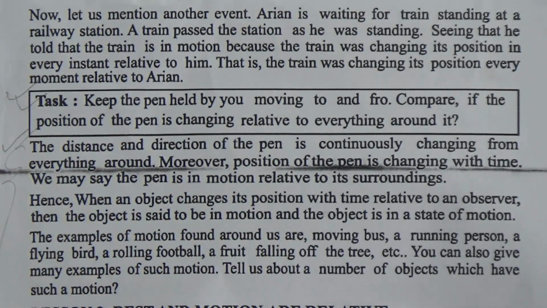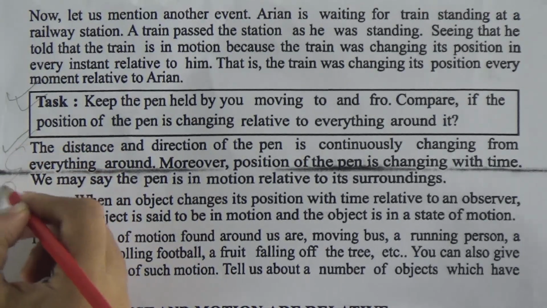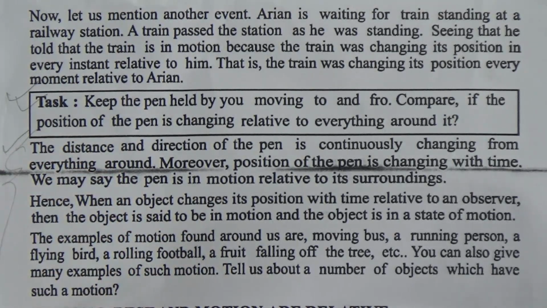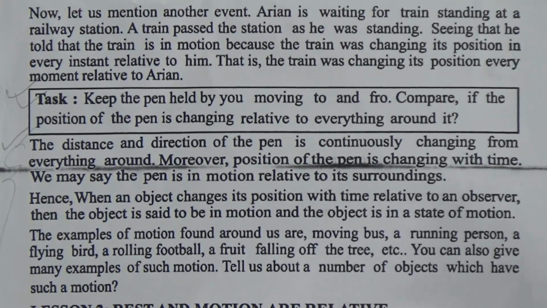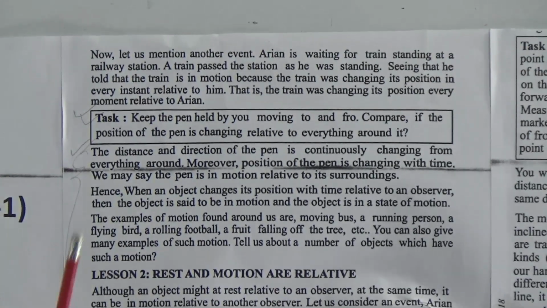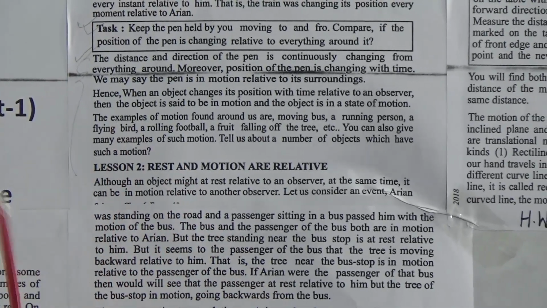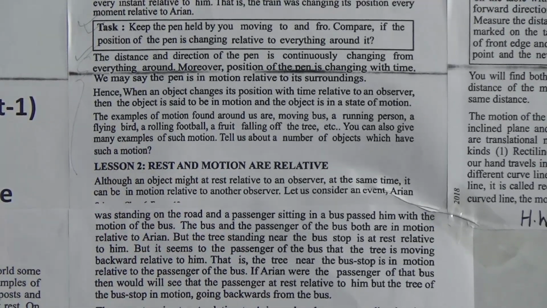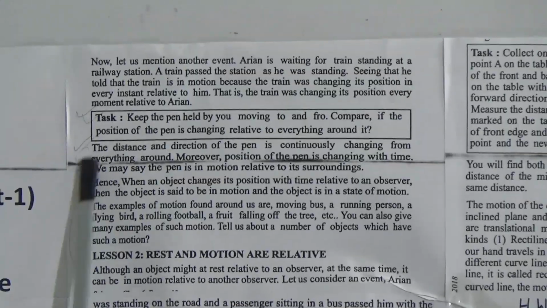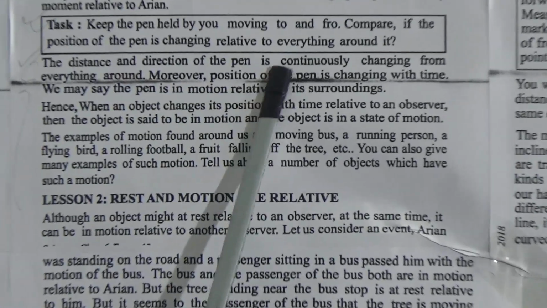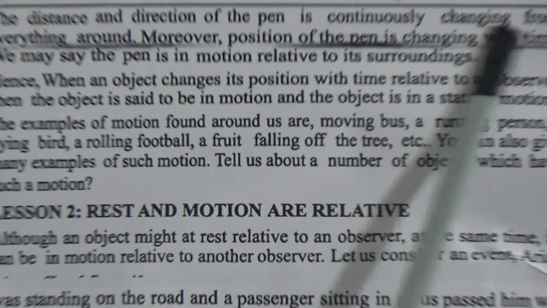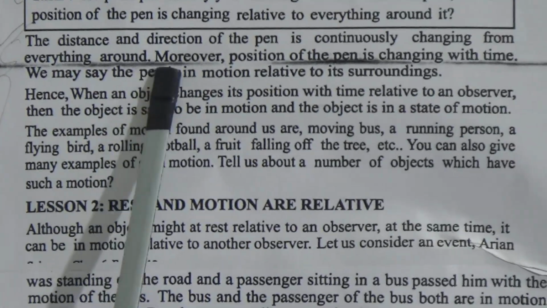That means I am changing this pen's position in this way. The reference frame is your surroundings. That means the pen is in motion. The distance and direction of the pen is continuously changing from everything around.